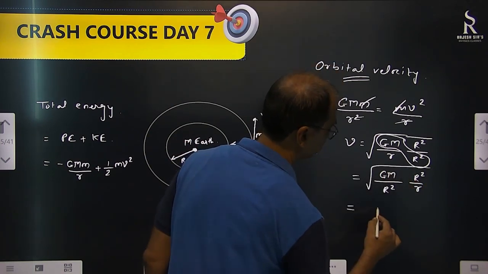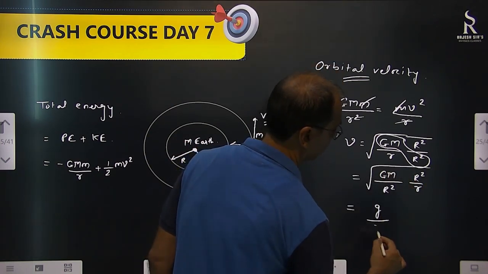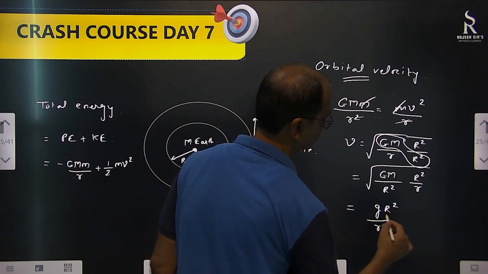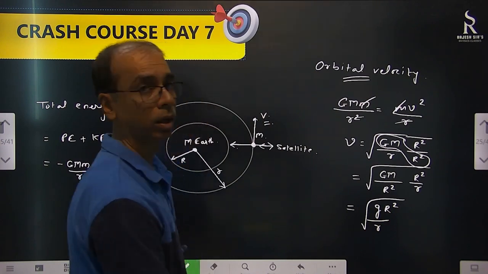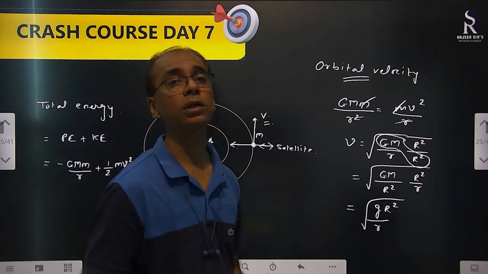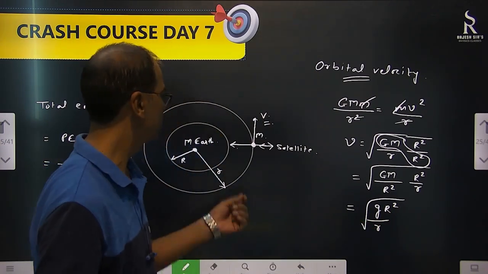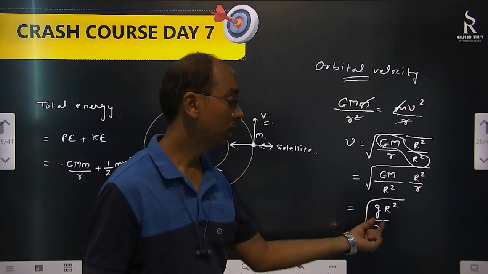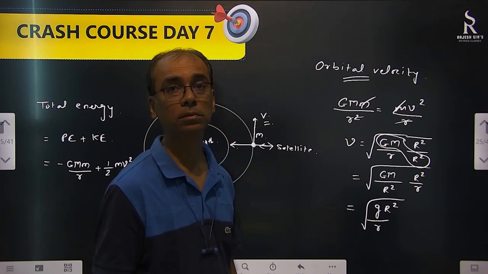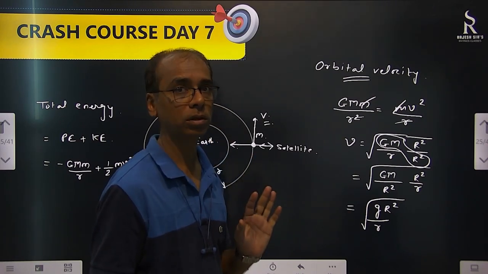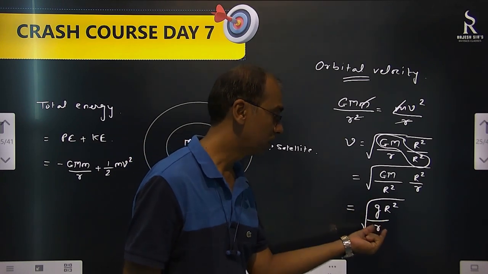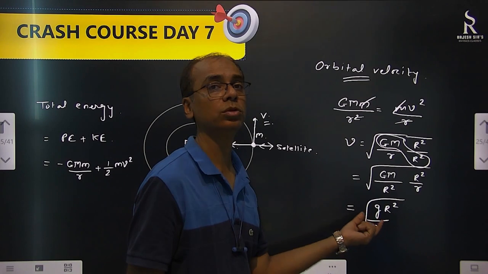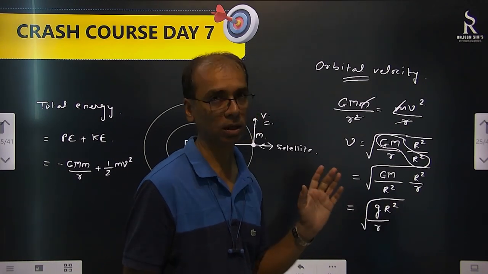So then it becomes g by r into r square, which you can write outside or inside, that's your wish. Okay, if the radius of the orbit is almost equal to the radius of the earth, that means it is very close to the surface, then we can write this as capital R. Then it comes out to be root gR. In that case only, otherwise not. If the radius of the orbit is equal to the radius of the earth, that means it's very close to the surface of the earth, then it will be root gR.